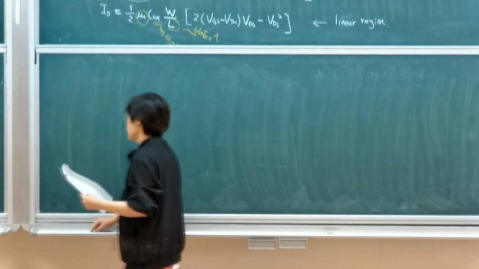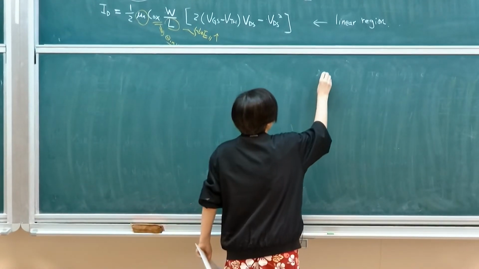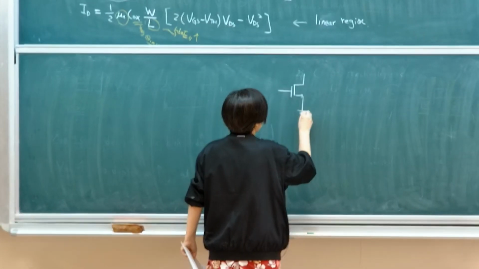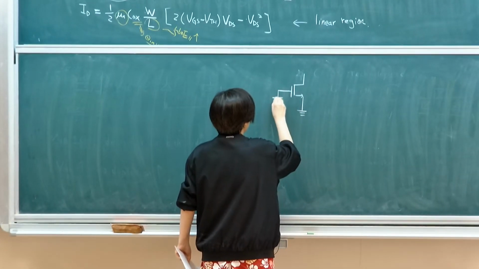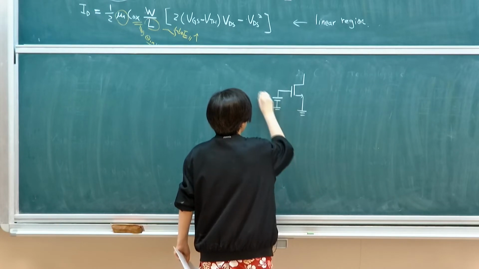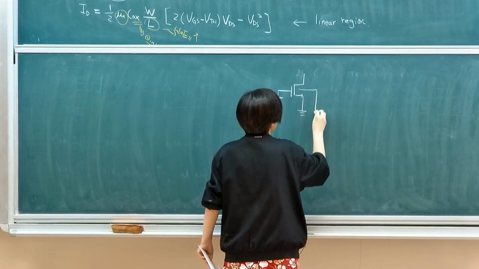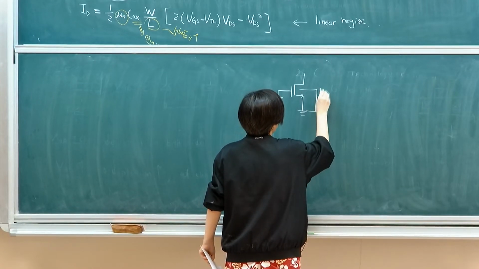So let's say for a transistor, if I give you a fixed VGS, and let's say the bulk is connected to ground as well.